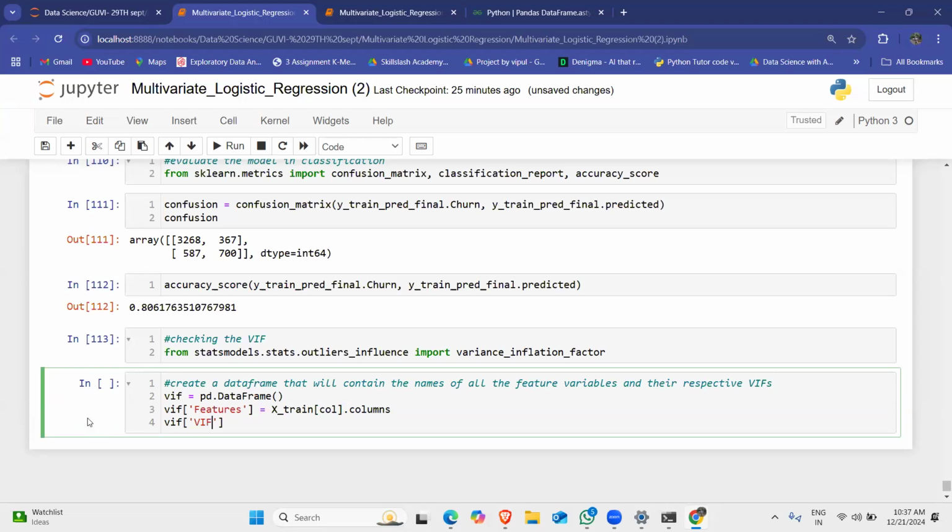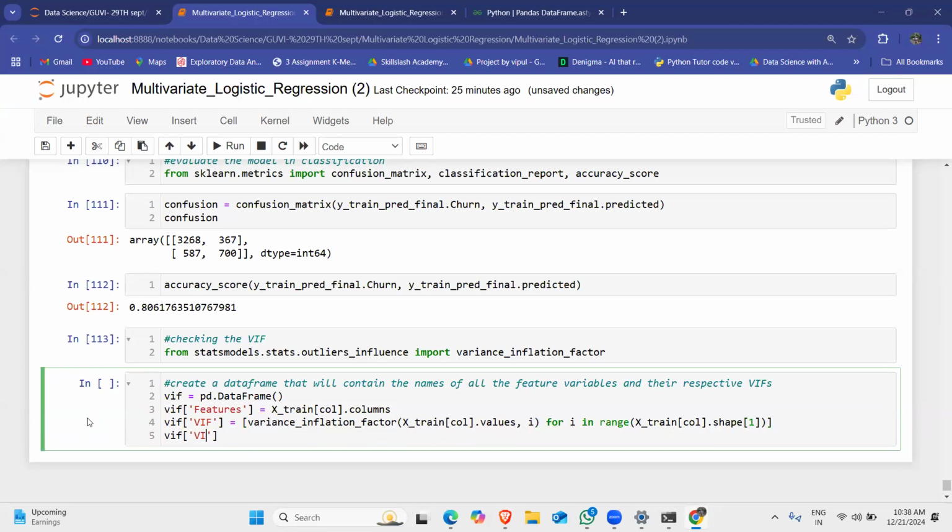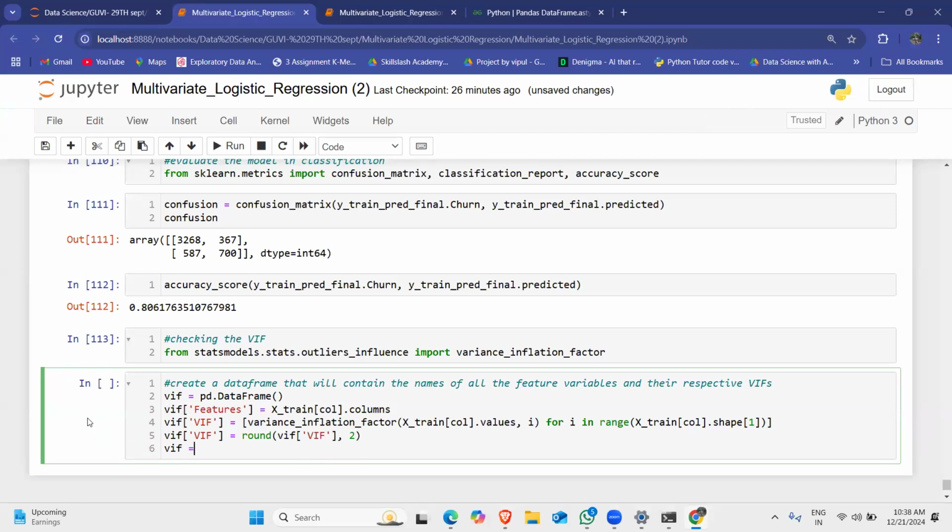We'll pass vif['VIF'] equals variance_inflation_factor of X_train.values comma i for i in range of X_train.shape[1], and then vif['VIF'] equals round of vif['VIF'], 2. vif equals vif.sort_values.